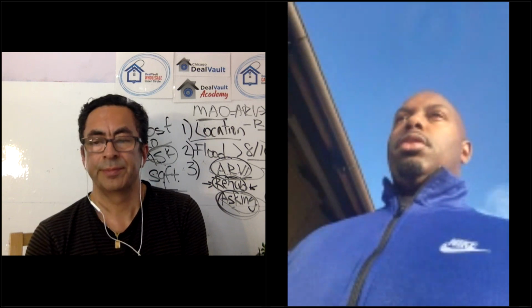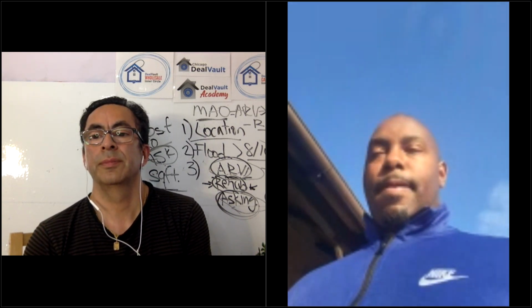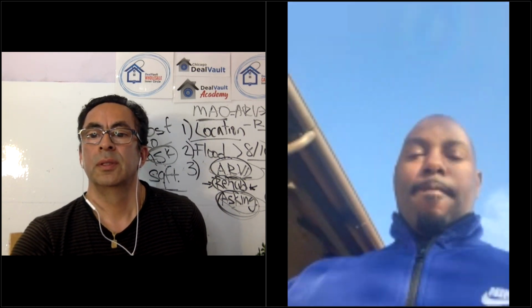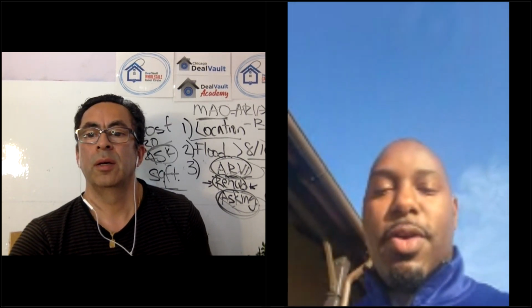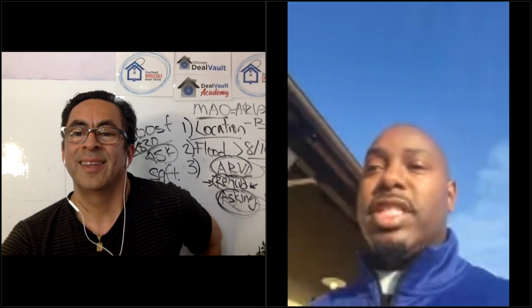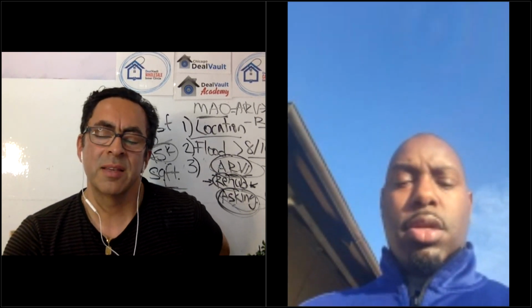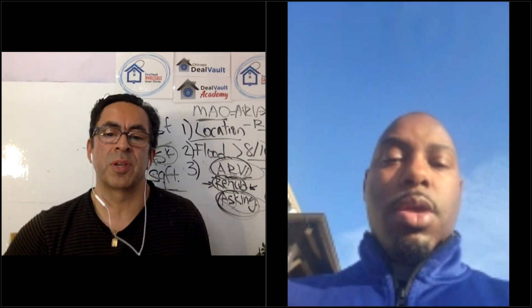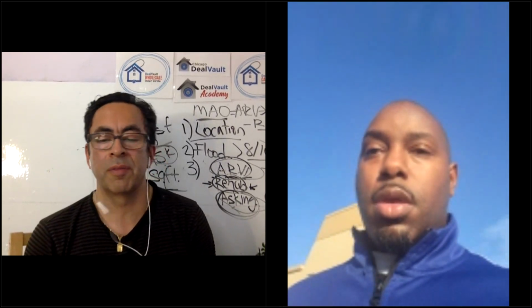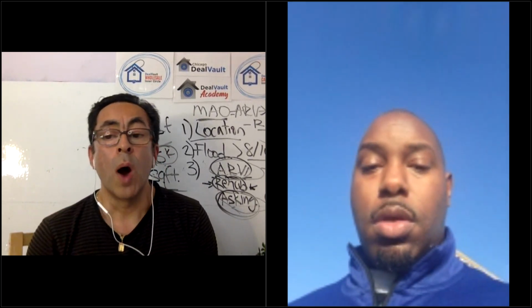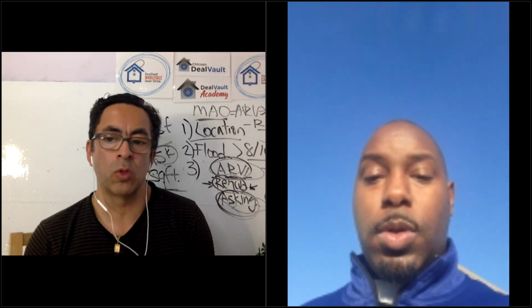Anybody else? I know I said one last thing, Hugo. So are we doing 75 instead of 70%? Yeah, 75%. It's a good percentage. We are doing 75% across the board. Why? Because of the shortage of inventory.